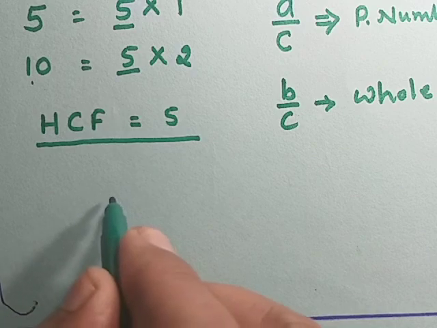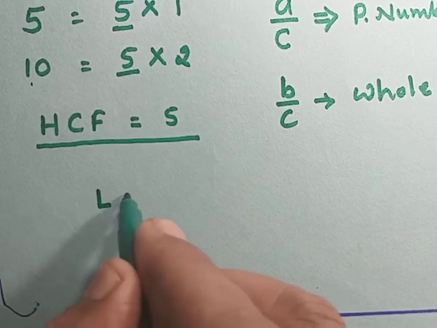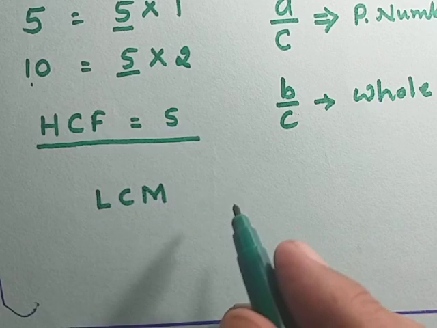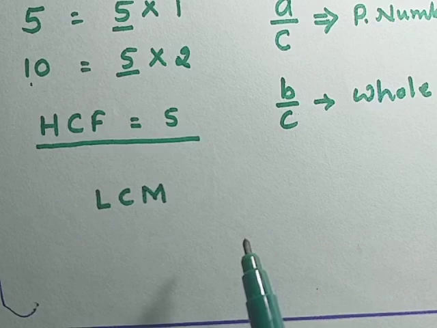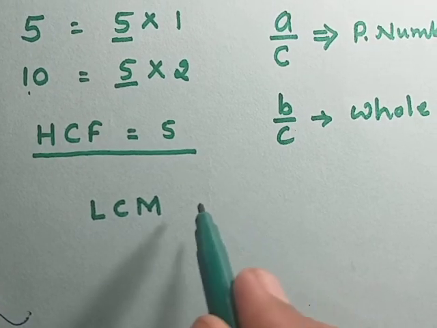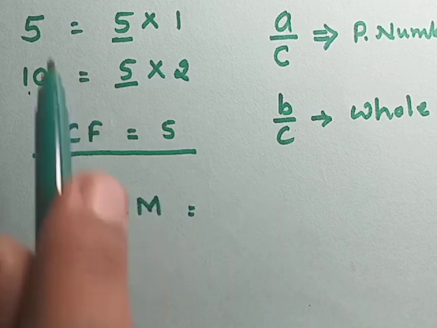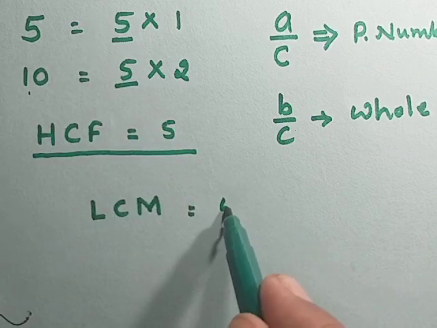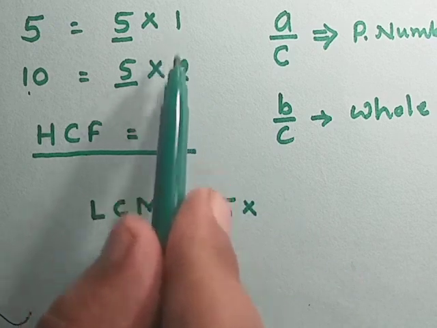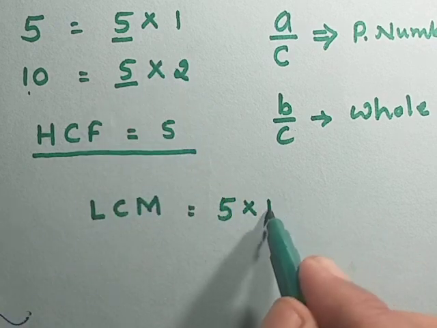Similarly, LCM means the least common multiple of these two. How we do it is, take the common number first and write the other uncommon factors. 1 and 2 are uncommon factors.